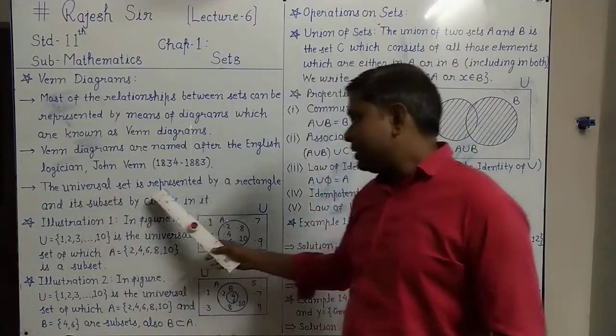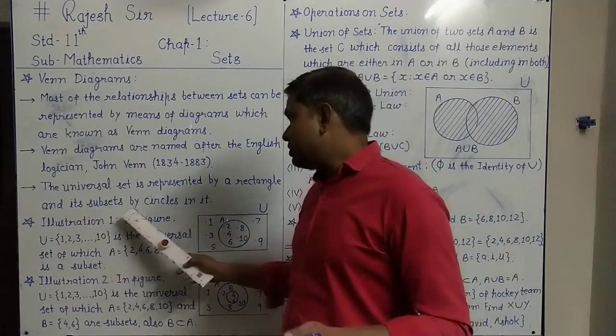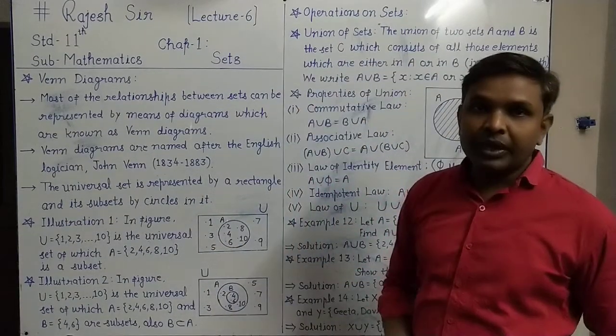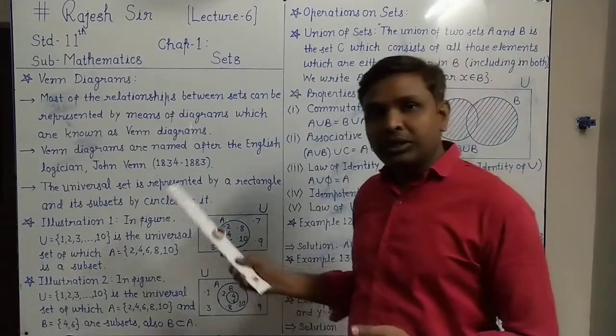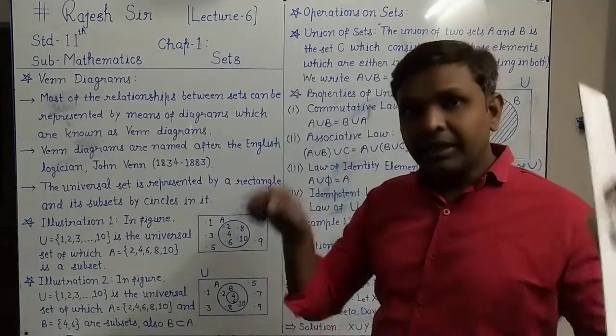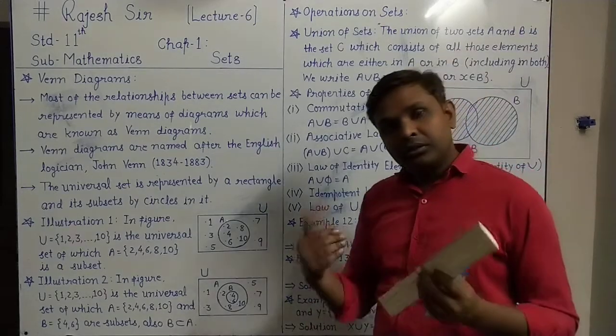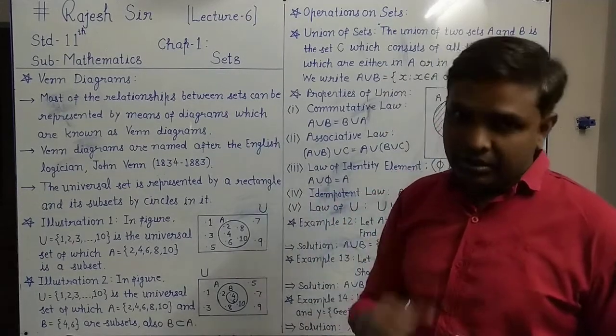The universal set is represented by a rectangle, and its subsets are represented by circles in it.